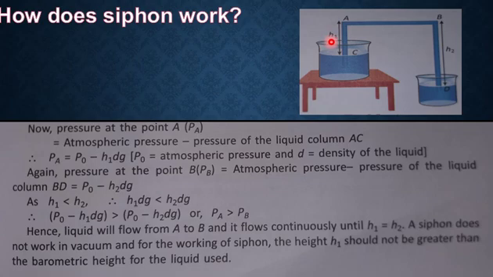Now if I take the difference, as P0 is the same for both the points, P0 minus H1 dg is greater than P0 minus H2 into dg. So I can say the pressure at point A is more than the pressure at point B. So there is a difference of pressure, and here is the higher pressure, and here is the low pressure. So the liquid will flow from point A to point B.